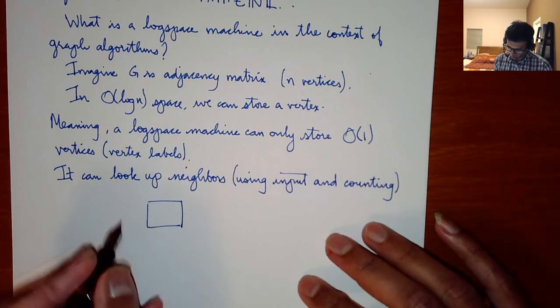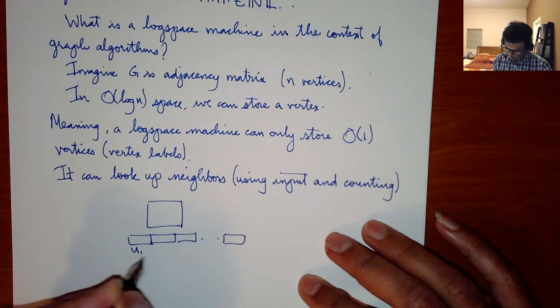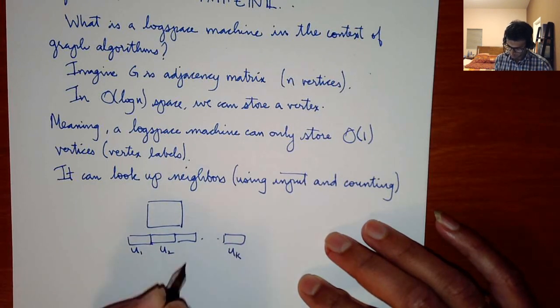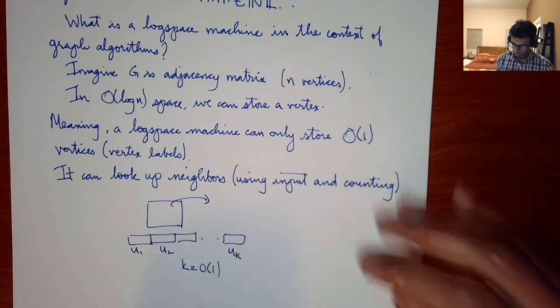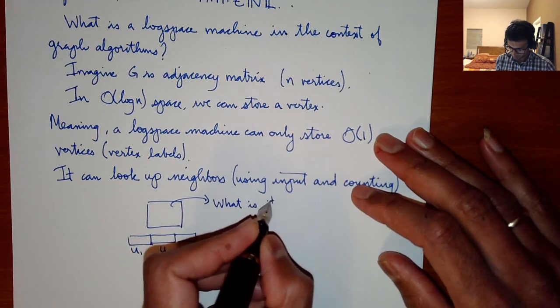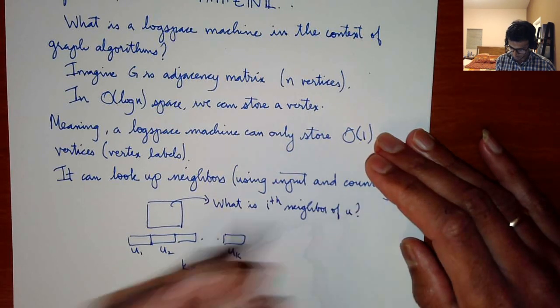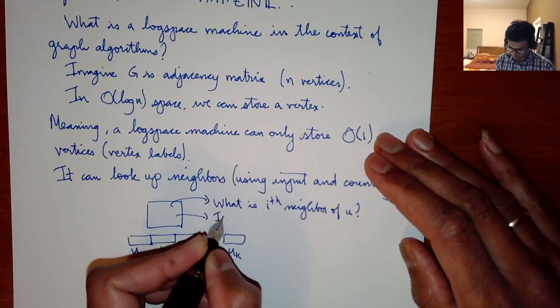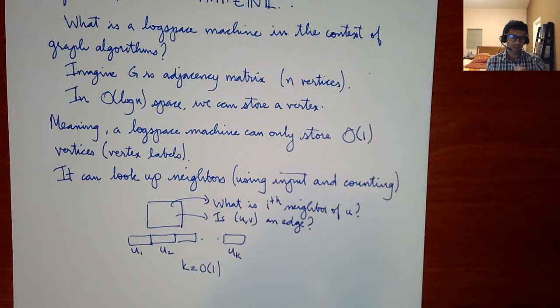What it can store is maybe a bunch of vertices, u1, u2 up to uk. K is just some constant. And now it can go and look up a neighbor. It can ask, what is the ith neighbor of u? Is uv an edge? It can make these basic queries.